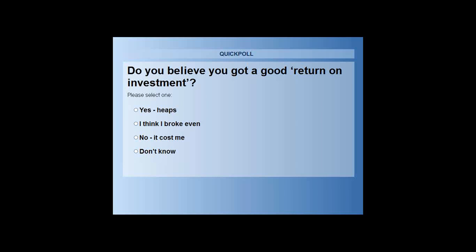So from when you did spend time and money and effort doing that, do you believe you got a good return on your investment? So can you click an answer on there? I'll give you a few seconds to do that. So was it yes, heaps? I think I broke even. No, it cost me money. Or I don't know. A couple more seconds.